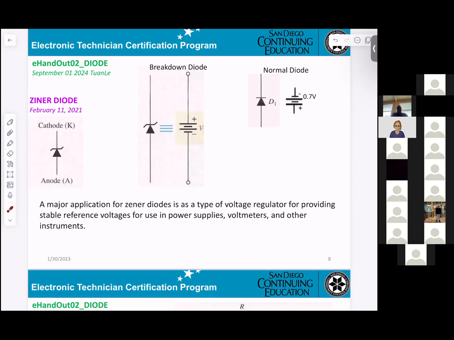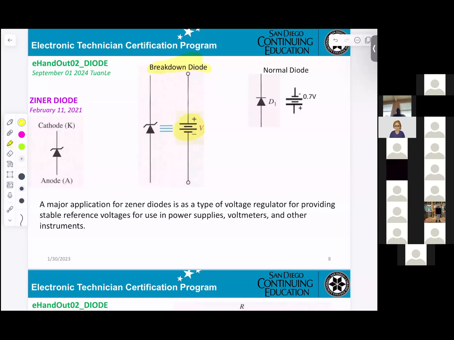Okay. Now, fourth thing, Zener diodes can break down right here. Now, when you say the diode breaks down, then you substitute the diode by the battery with the value VZ.